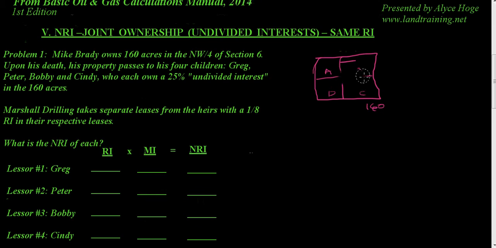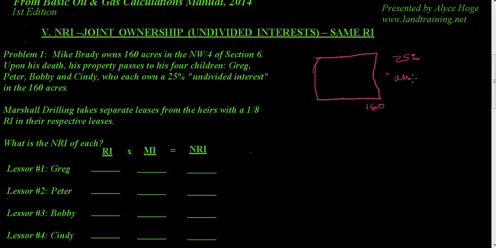So rather than saying A owns in this quarter and B owns in this quarter and C owns in this quarter and D owns in this quarter, we say they all own 25% in each, literally in every molecule in this piece of property. So they each own a 25% undivided interest.